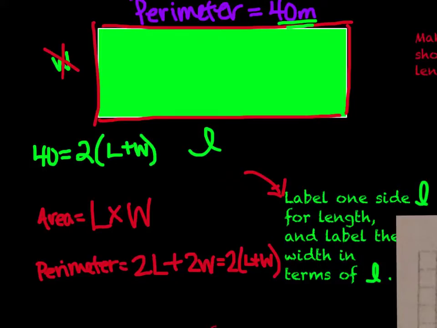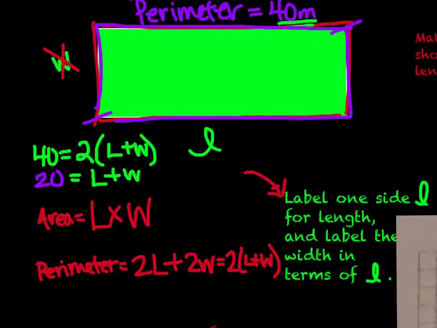So that means if I wanted to look at just one set, like this one, or maybe this one, we are looking at 20 meters is equal to the length plus the width. So that tells me that I can rewrite my width as saying 20 minus my length.